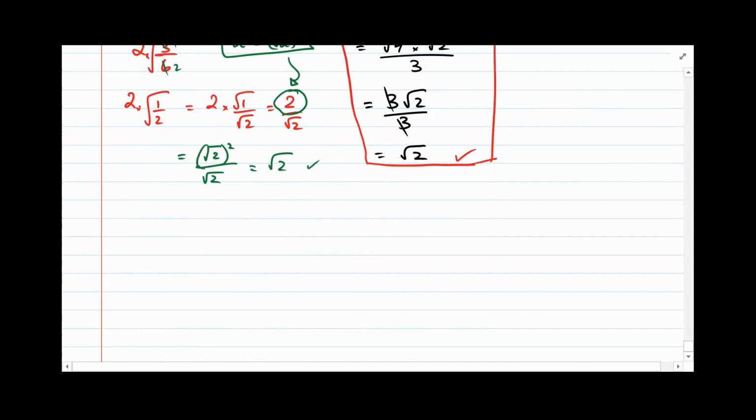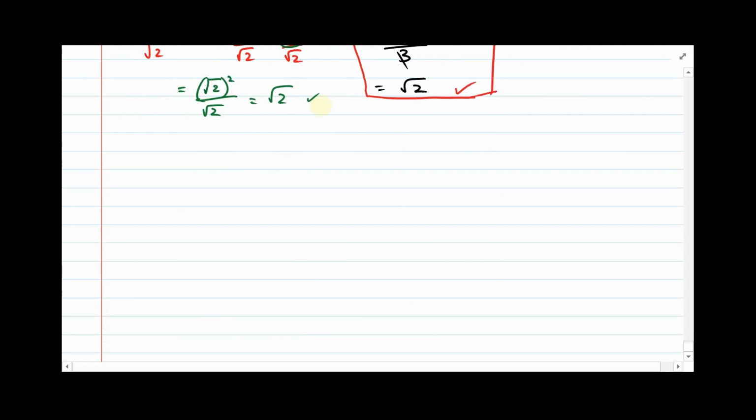It doesn't matter. That was C, let's look at part D. It doesn't matter if I have, say, 5 over 2 root 3, and I am rationalizing. You don't need to write the entire denominator. You just need the square root of 3, because that's the part I need to get rid of.